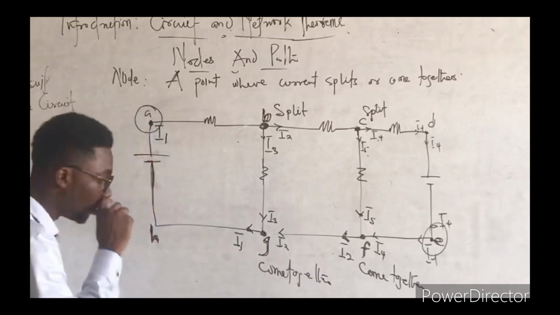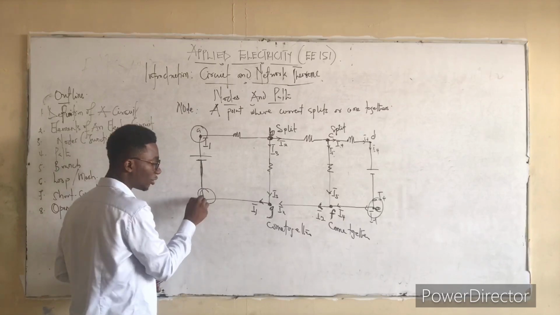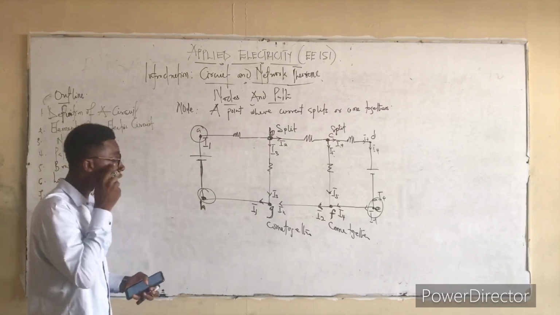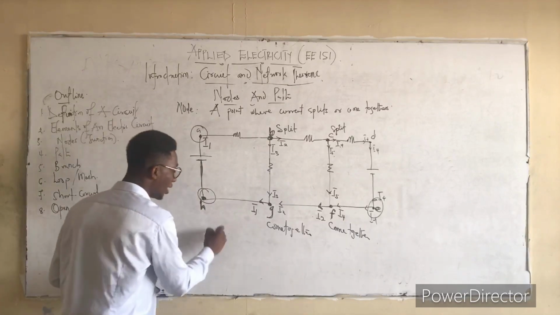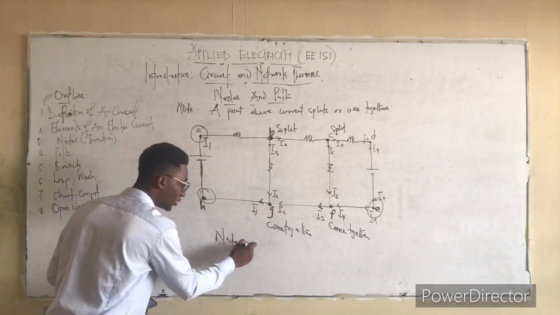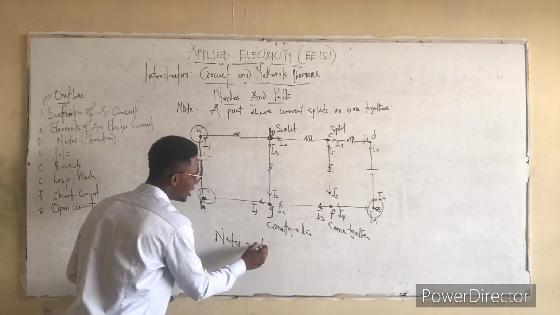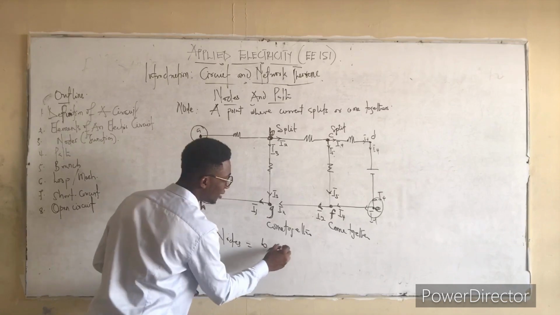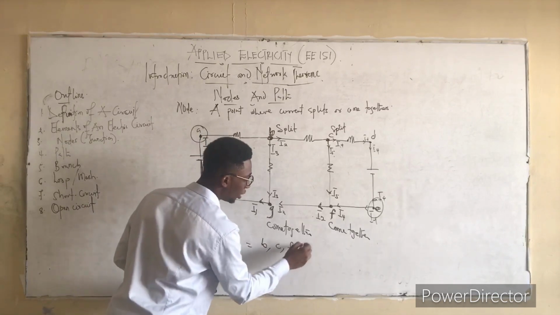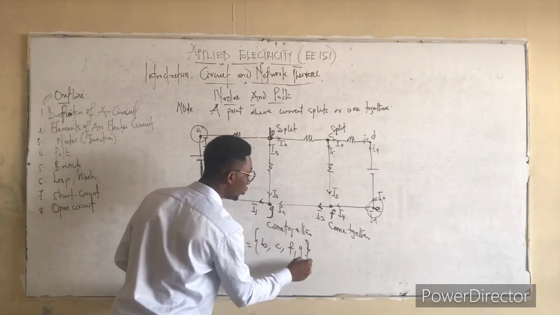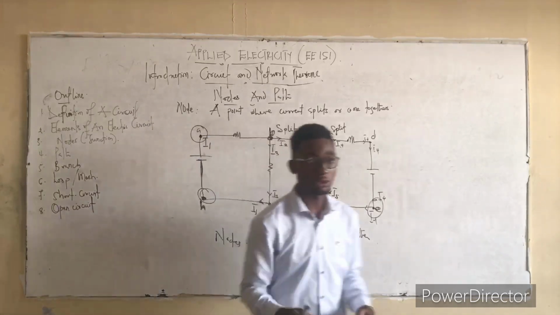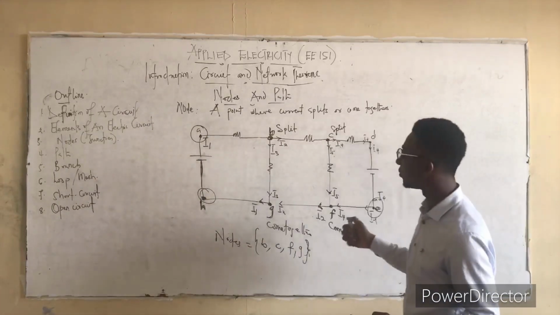So point G is also a node. But point H is not a node because there is no current split or current coming together. So the nodes we have in this circuit are point B, point C, point F, and point G. These are the nodes we have in this very circuit: a point where current splits or current comes together.